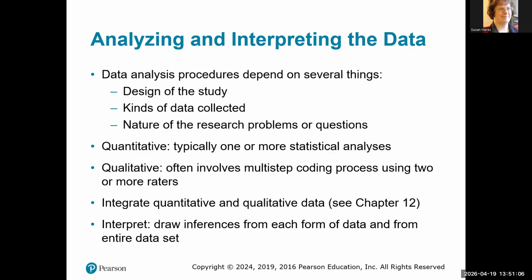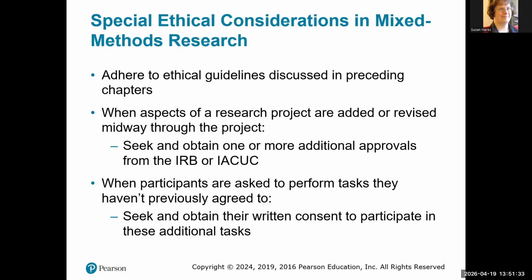That left some potential of bias, but restricted it based on the coding procedure. You have to integrate the quantitative and qualitative, and you have to draw inferences from each form of data. And I found in the end, when I had quantitative and qualitative, I combined all of the quantitative together and looked at one picture, all the qualitative, and then looked at a qualitative analysis of both.